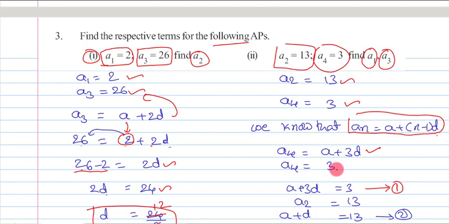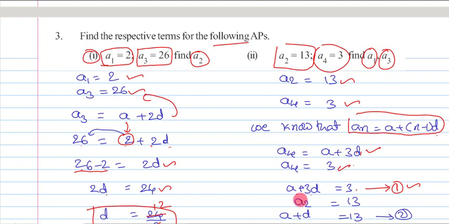But as per the question, A4 is 3. So these two are equal. On equating, you get A plus 3D is equal to 3.